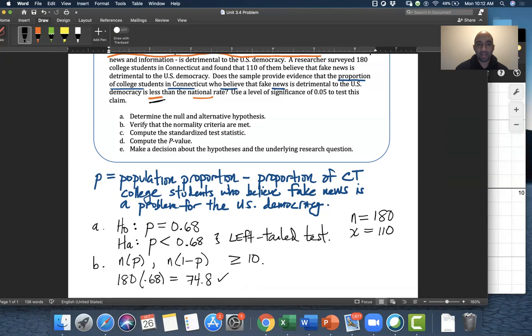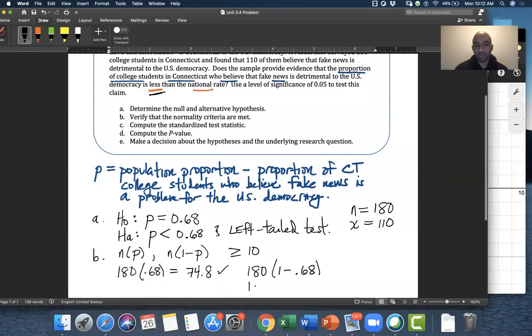Now let's do n times 1 minus p. n is 180, and 1 minus p is 1 minus 0.68, which simplifies to 180 times 0.32. And that's going to give us 57.6.